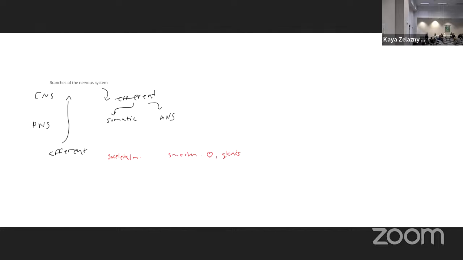We had two pieces of this autonomic nervous system. We have our rest and digest part. That's our parasympathetic nervous system. And we had our sympathetic nervous system, which is your fight or flight, your kind of stress part.